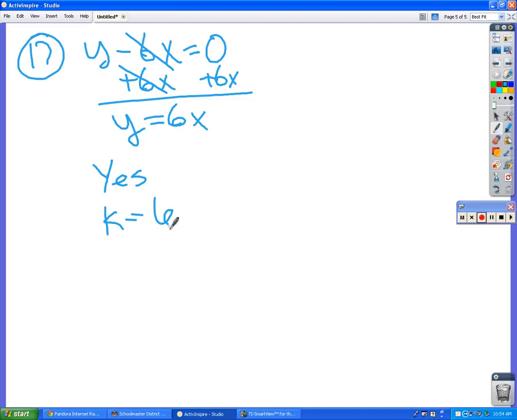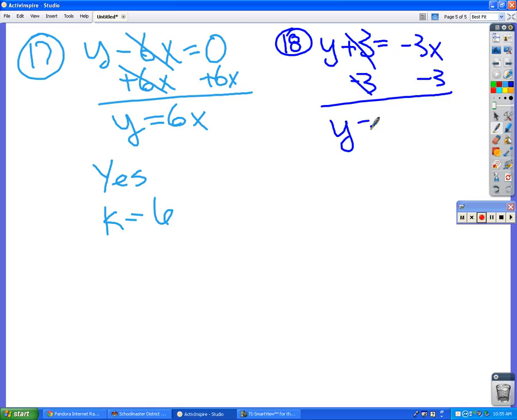Okay, so then same thing for number 18. So y plus 3 equals negative 3x. Same thing, we're going to start out by solving for y. What do I do first? Subtract 3 from both sides. Can I subtract the 3 from the minus 3x?